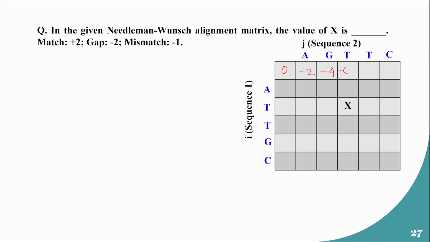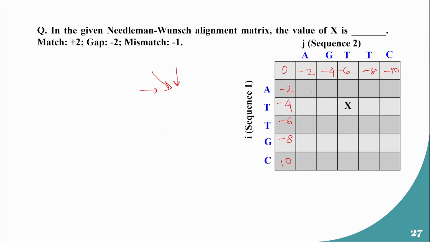So -2, -4, -6, -8, -10, and in this case the same, 0, -2, -4, and so on. For each grid, again, we have to calculate 3 different paths. So one will be like this, another will be like this, another will be like this. Okay.